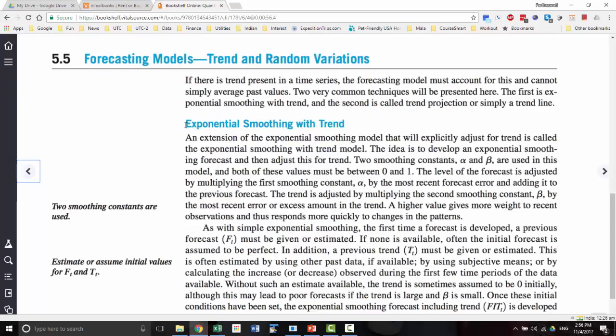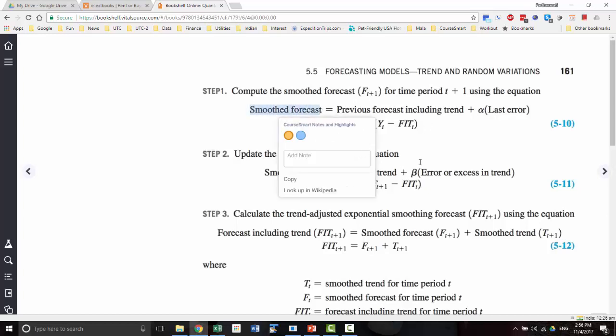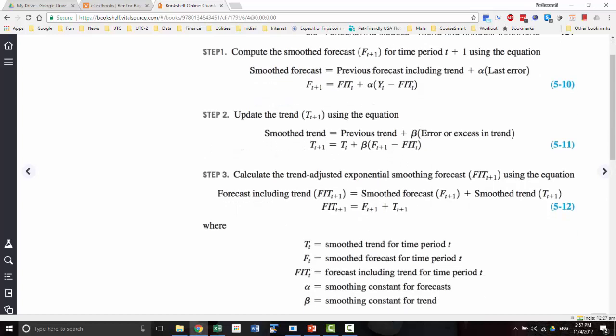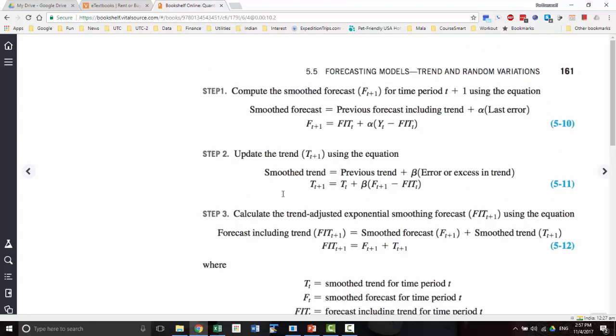Okay, the formula involved in exponential smoothing with trend has two parts. The first part is the same as the simple exponential smoothing, which is called the smoothed forecast. You take the forecast including trend, FIT, that's your final forecast, and then add a part of the error.